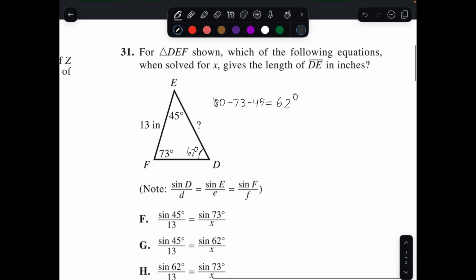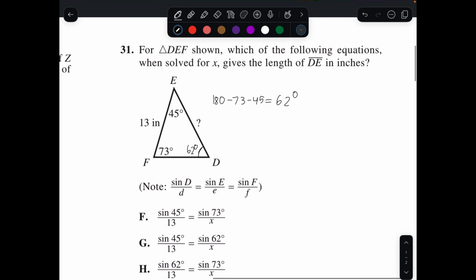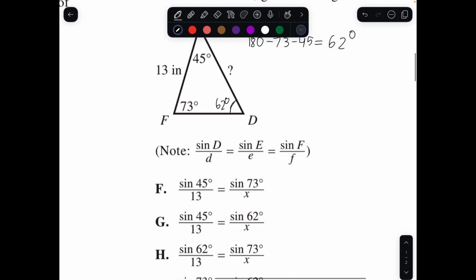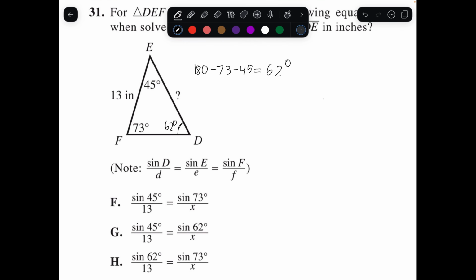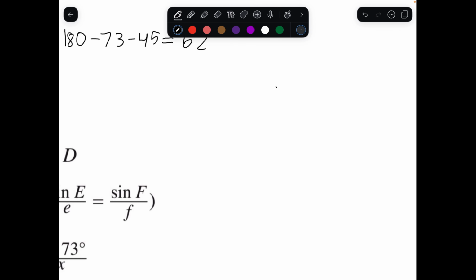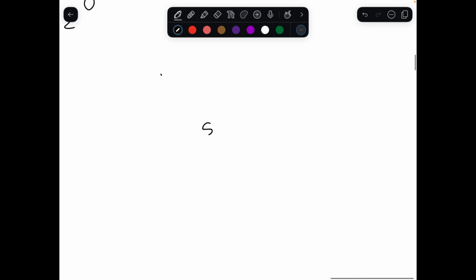And now it's asking us for the length of DE. Notice it already tells us that we're going to be using the law of sines. So the law of sines is basically, let's say, an angle and its opposite side length, right? Let's just call it sine of A, the angle, over the opposite side length, which is lowercase a.